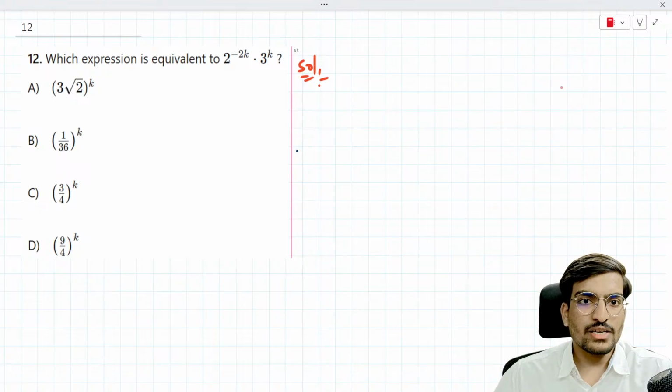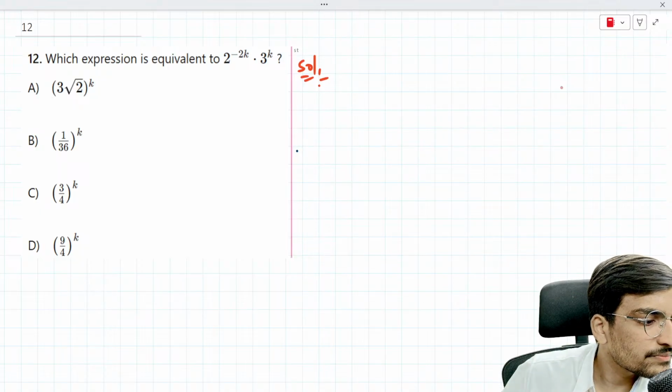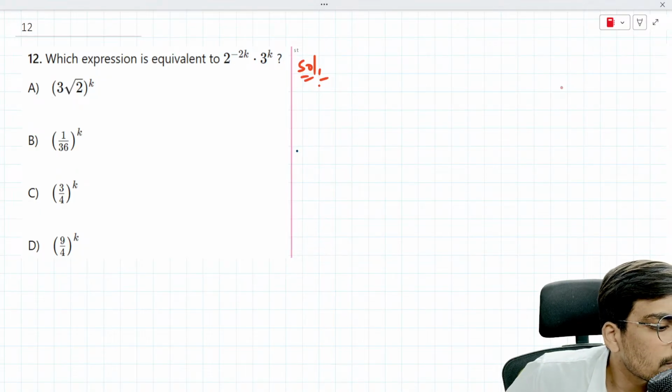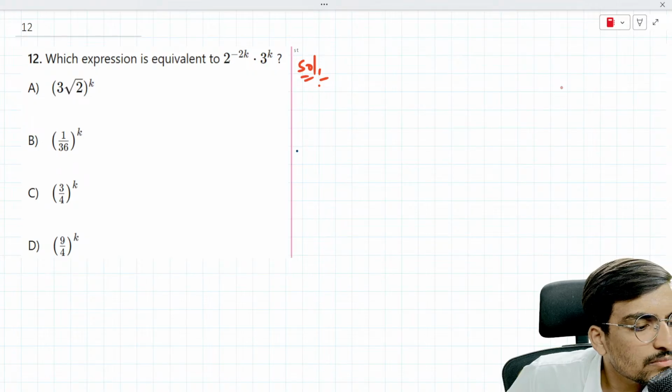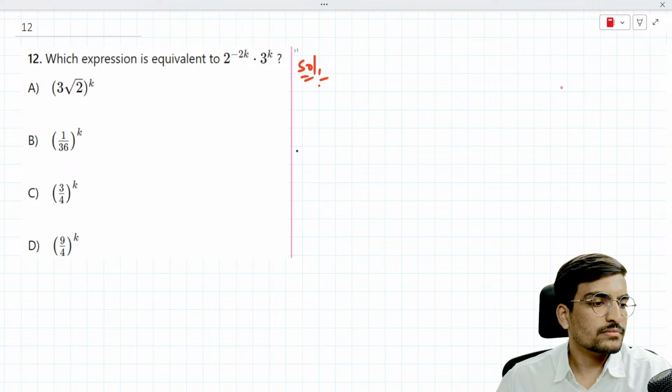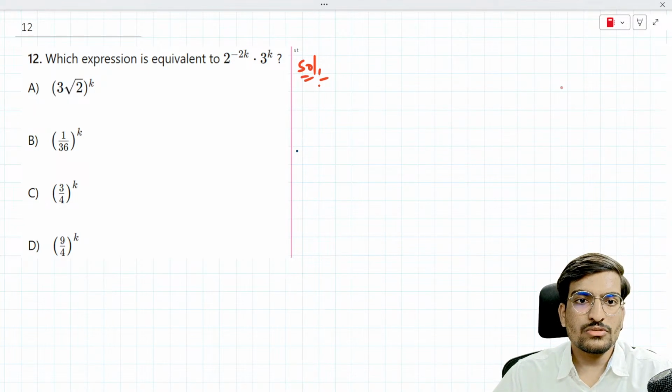Just a second. Saidur Rahman, just try this and let me know what's the value of this. Okay, you're saying C. Let me see whether it is C or not.